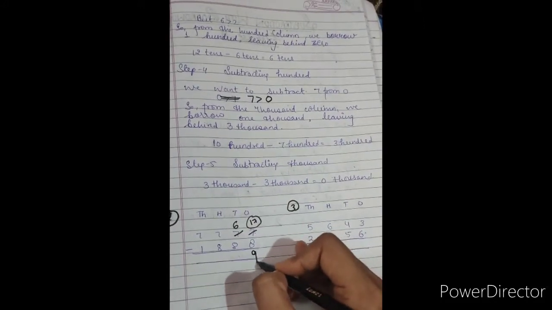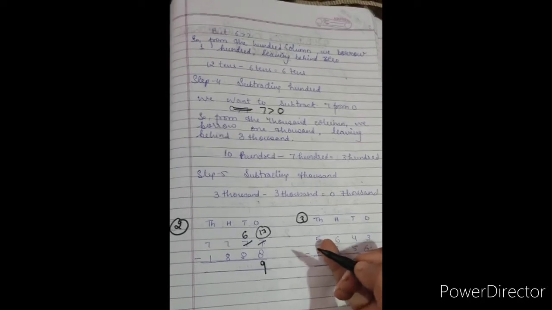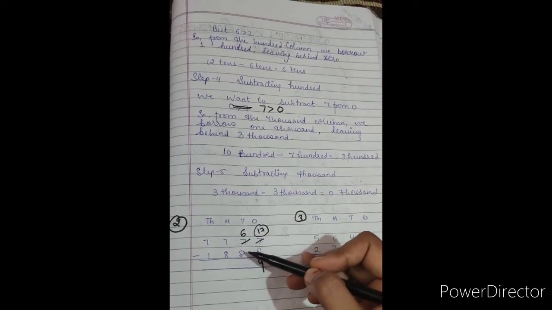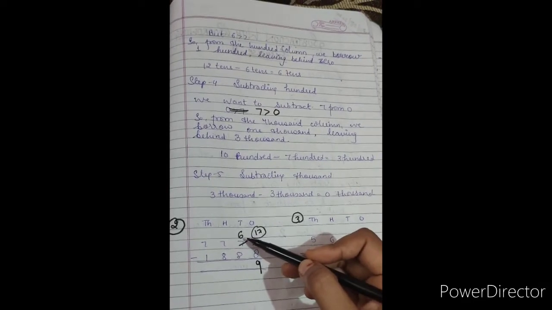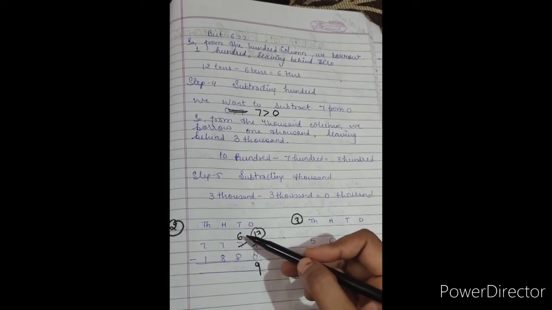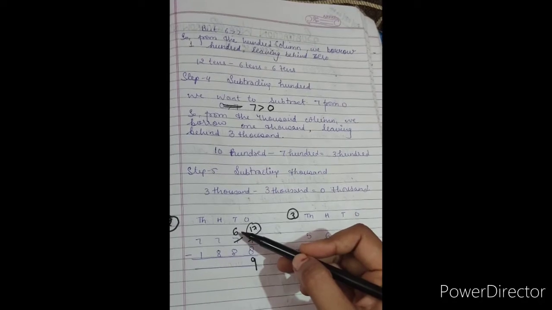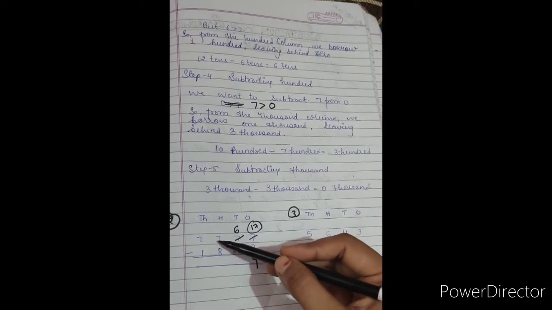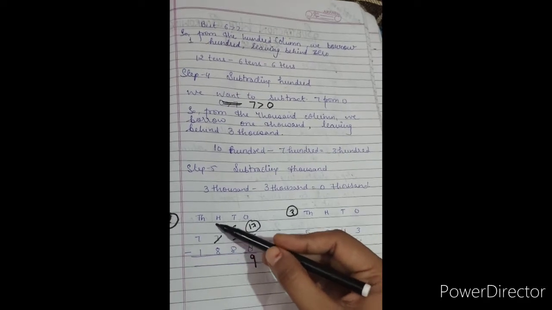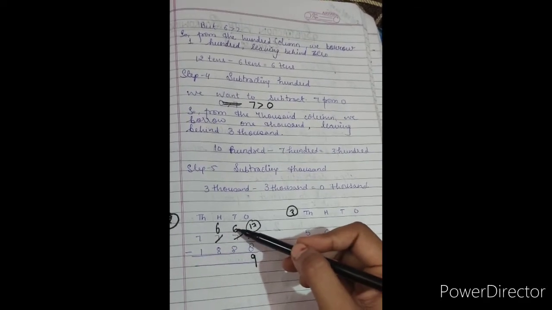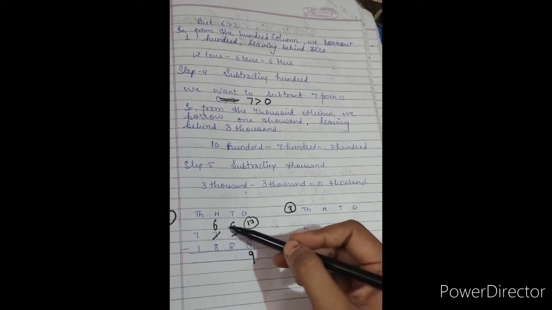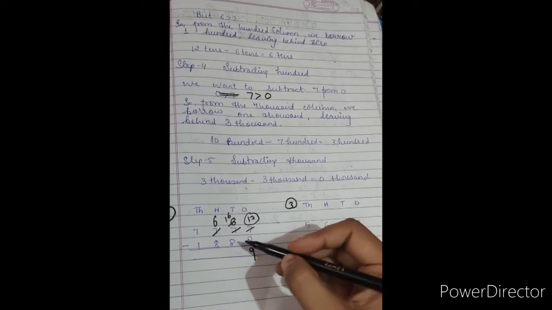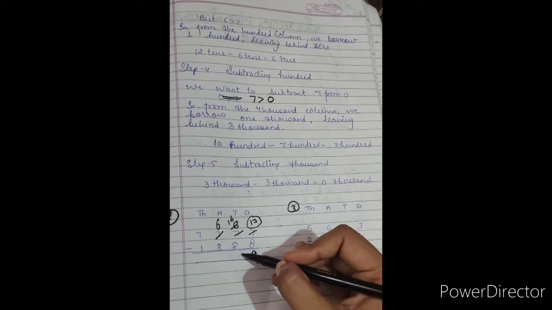So write 9 under the ones column. Now in the tens column we want to subtract 8 from 6, right? But 8 is greater than 6. Then we can't subtract. Then we borrow from the 100 column, leaving behind 6, and in the tens place 6 becomes 16, right? Now 16 tens minus 8 tens equals 8 tens.